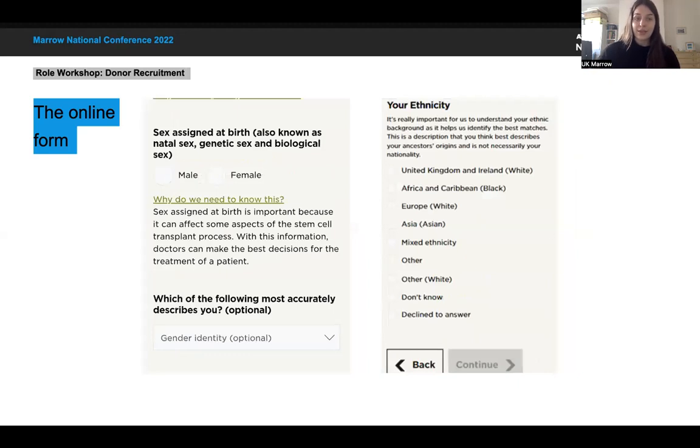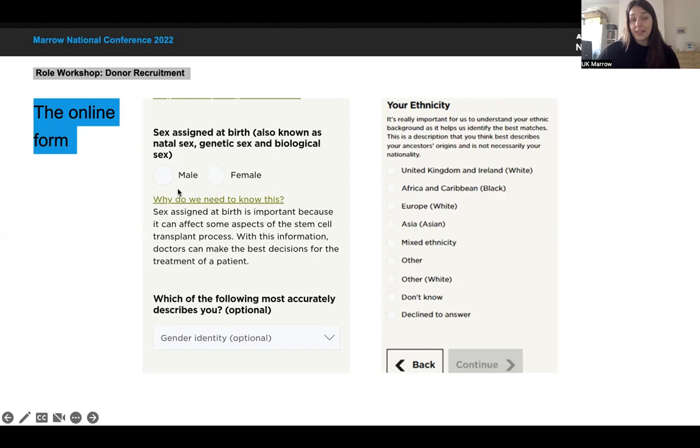Then they get asked about their sex assigned at birth. Now, the reason we still need to know this is because, biologically, people who were assigned male at birth are more likely to be called up to donate. This is fairly new in the form, so we do ask that they still put this information down.